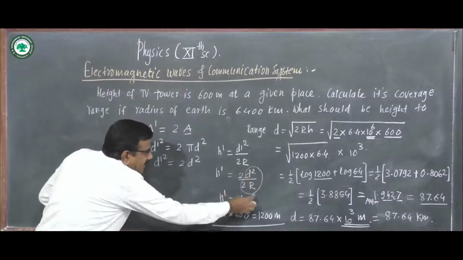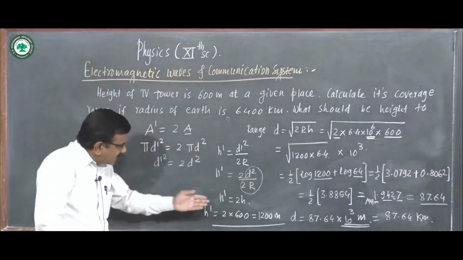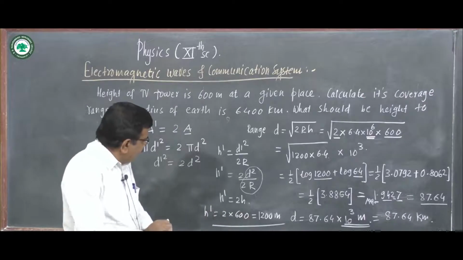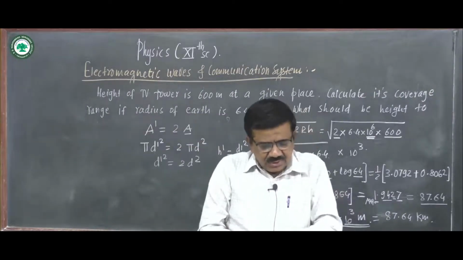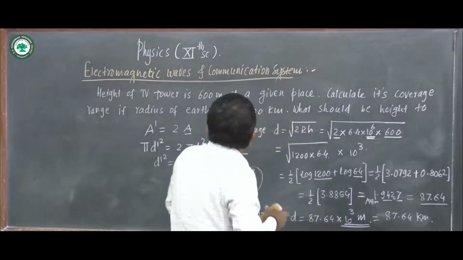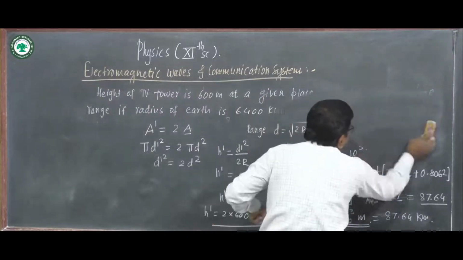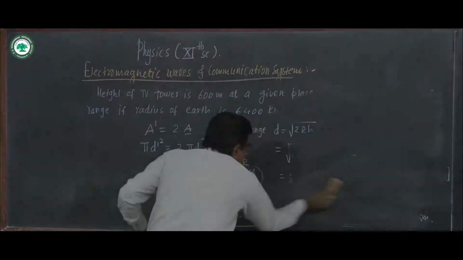This part is nothing but h, and directly we get h dash as 2h, that is 2 into 600, 1200 meter. And then one last numerical on this chapter.